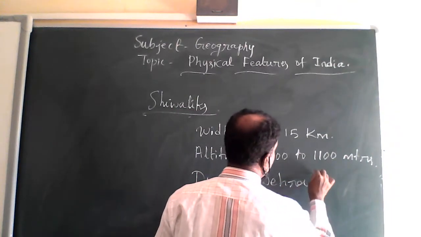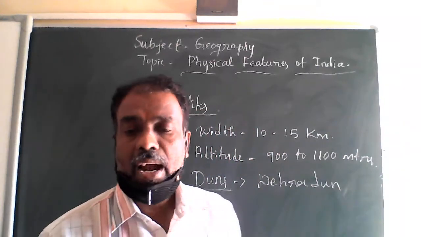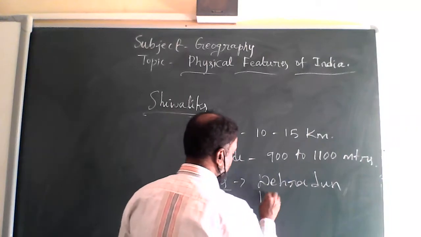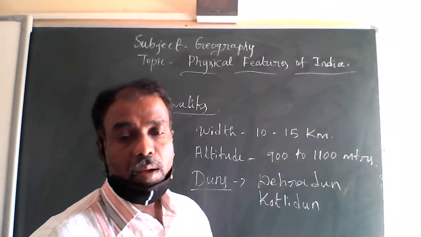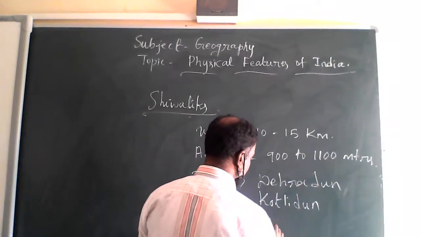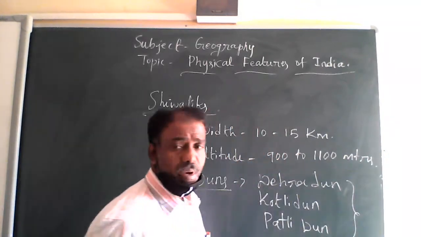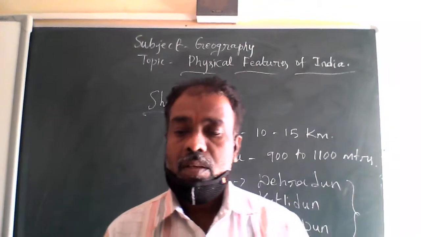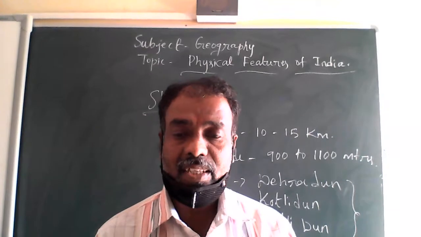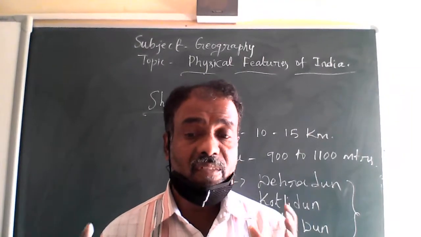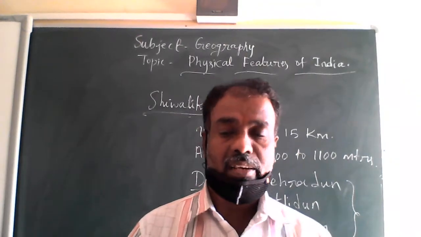I think all of you know about Dehradun. These are some of the duns situated in this region. That means these are the longitudinal valleys lying between the Lesser Himalayas and the Shivalik range.